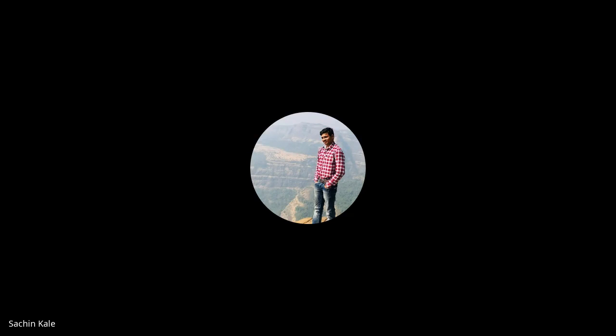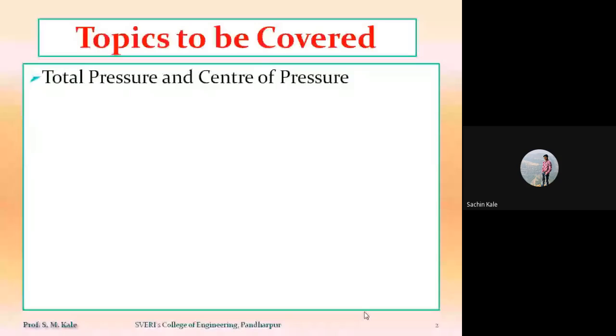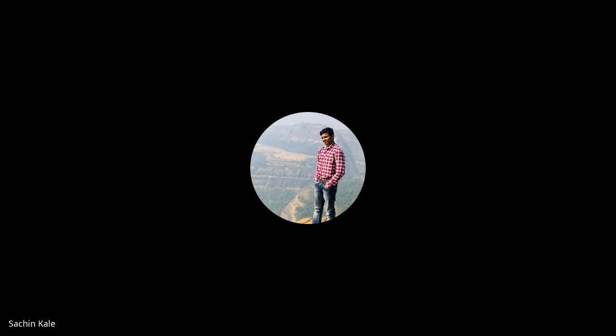As our first topic was fluid static, most of the part we have covered in the class. So in depth, I am not going to cover the same part. We are only going to take an overview of the parts we have covered, and whatever new parts will be there, we are going to take in detail. We have seen the definition of total pressure and center of pressure. Briefly I will identify the concept.